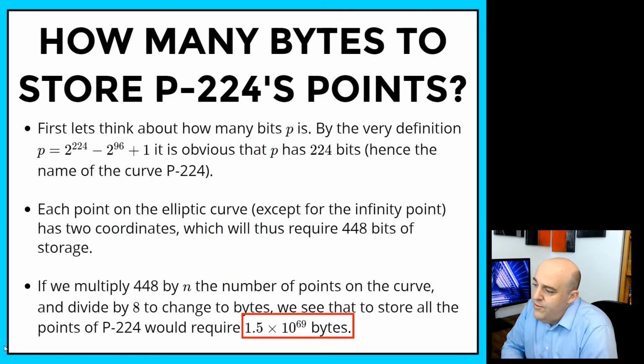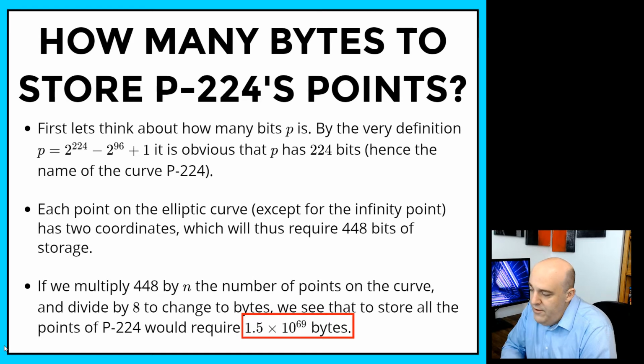If we wanted to store all the points of P224 in a list, how much space would that take? Well, the prime p there, by its very definition, you can see it's 224 bits. If p was just 2 to the 224, it'd be 225 bits, but then we're subtracting a little bit off here, so it's 224 bits, which is why the elliptic curve has that name.